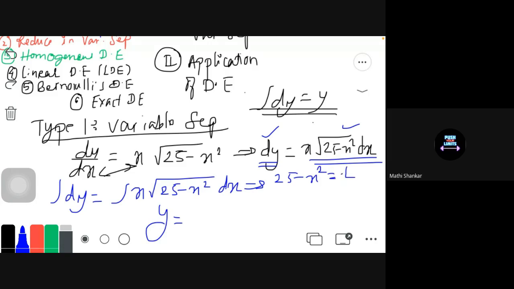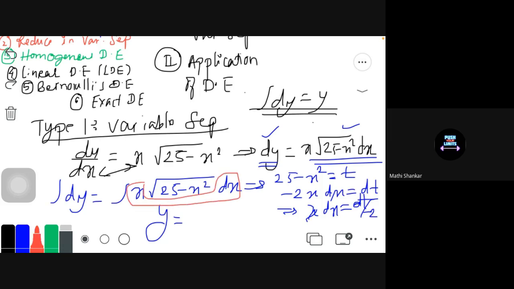So the derivative of this will be, 25 is 0, derivative of this will be minus 2x dx is equal to dt. Therefore, I'll get x dx is equal to dt by minus 2. So instead of x dx, I can write dt upon minus 2.